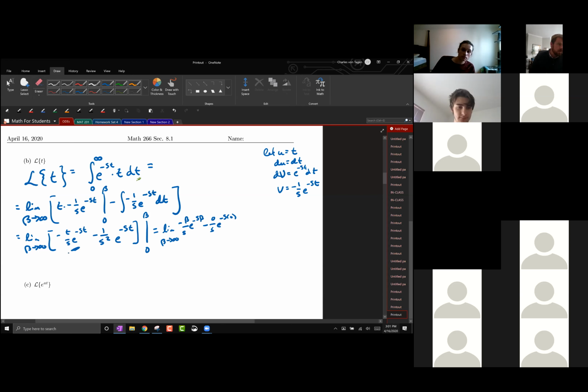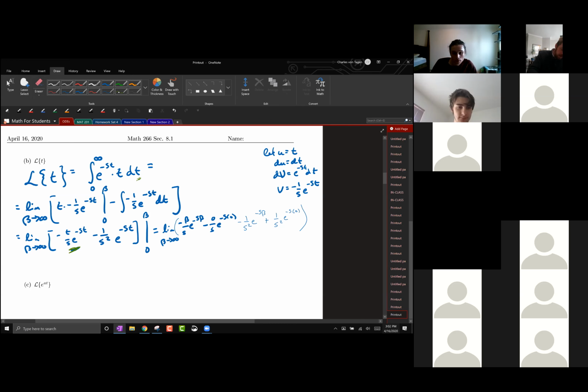That just took care of the upper and lower limits for the first term. Then we get minus 1 over s squared e to the minus s beta. That's for that second one. And then there'll be a plus sign. Watch those minuses and pluses. It's so easy to mess up on these. Plus 1 over s squared e to the minus s times 0.